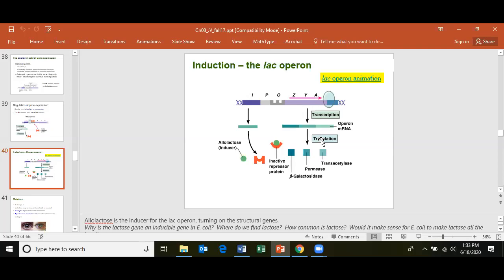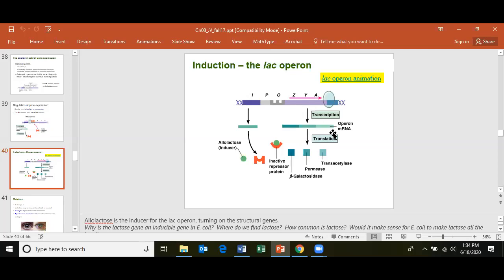This only happens in a prokaryotic operon where there's more than one structural gene in the operon. So in a eukaryote, you'd never see this. A eukaryote would only have one protein made from a messenger RNA. In prokaryotes, it depends on the operon. But if there's more than one structural gene in the operon, as is the case for the lac operon, you can get more than one protein from one messenger RNA.